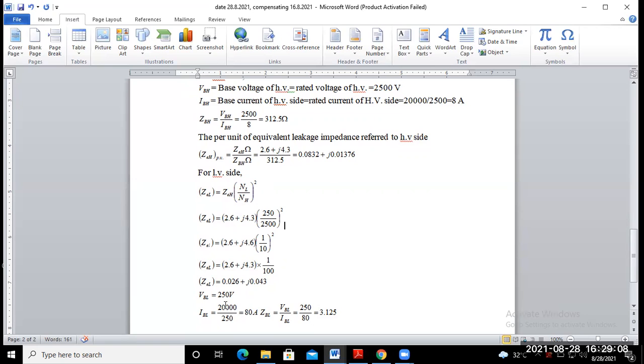Now you already found the base current on the low voltage side, and you already chose the base voltage on the low voltage side equal to 250 volt.